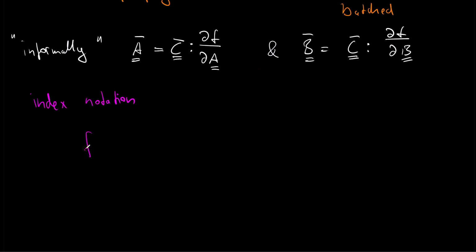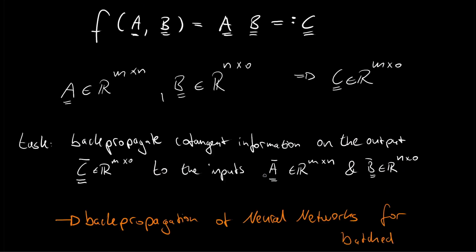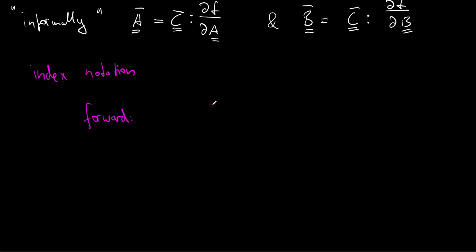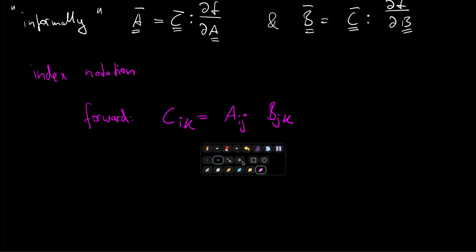And for this, I first want to write down the forward computation again. And the forward computation is the original primal computation, in that we know that C, matrix C, and let's give it some indices, let's say index ik. So the resulting matrix C indexed at the ith row and the kth column will be given as A_ij multiplied with B_jk, and here we will use the Einstein summation convention.